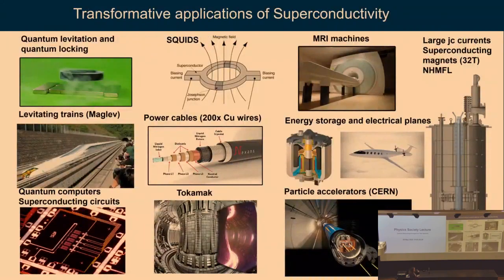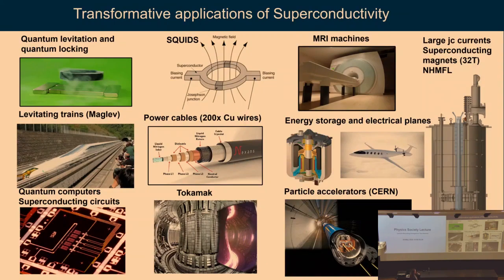So among many applications, here are a few which come from all these important properties superconductors have. As I said, obviously levitation is used in levitating trains, maglev, which can travel at speeds of above 500 kilometers an hour. Obviously we will have power cables which will be very efficient.